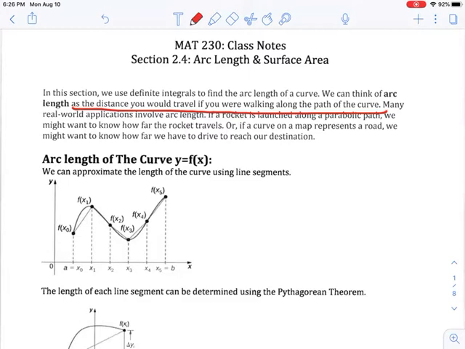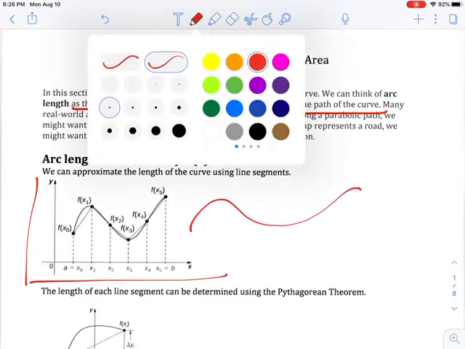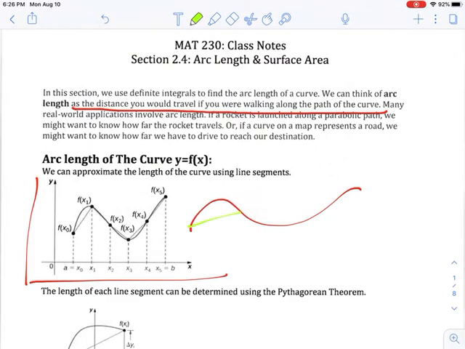And so in this example right here, we have a curve. And in order to estimate the arc length, we can do it by creating line segments. Right? So if we had an arc length like this, we could create some line segments like right here, right there, right there, right there, to try to approximate it, because line segments are easy.